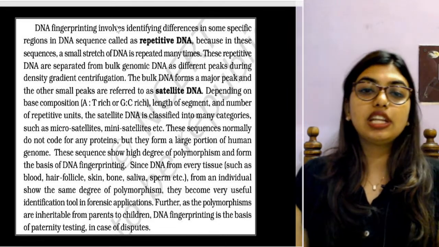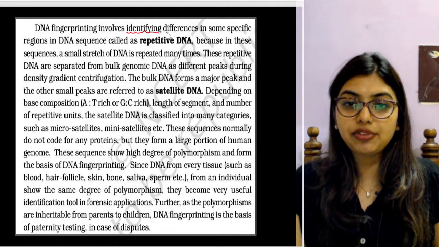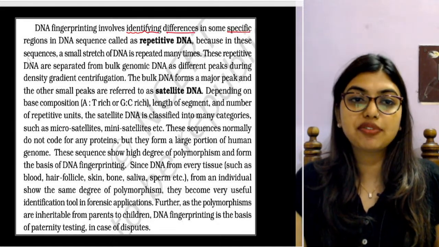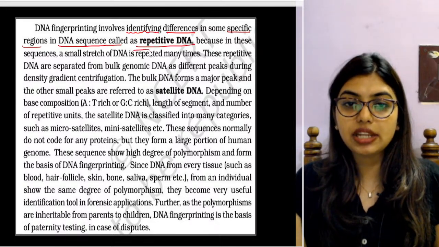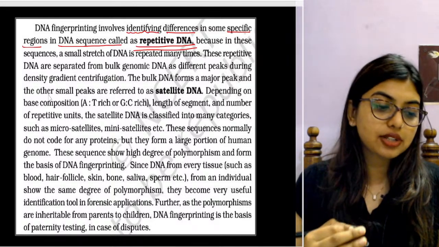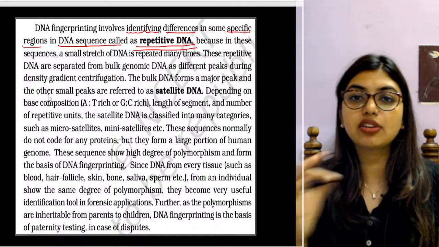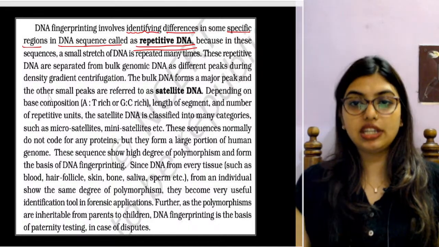Okay, so DNA fingerprinting involves, listen carefully, identifying differences in some specific regions in the DNA sequence called repetitive DNA. This repetitive DNA is going to vary from person to person. I told you two persons will not have the same set of repetitions. So that is what we are going to identify using DNA fingerprinting.